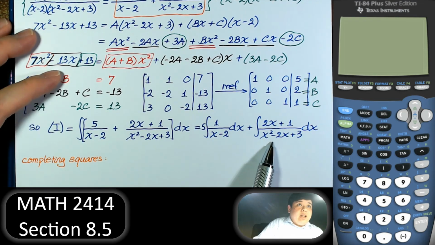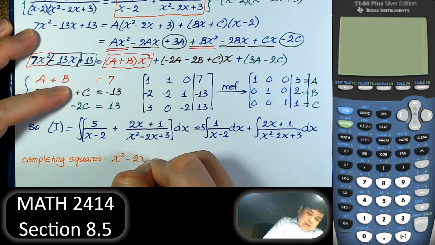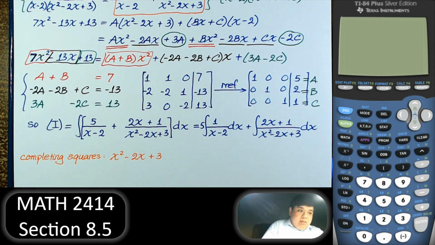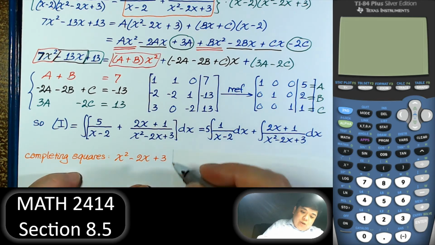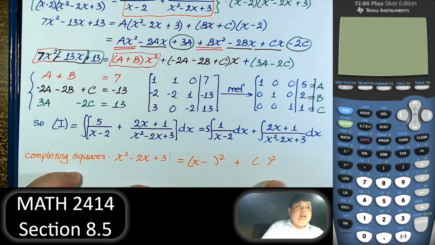We start with x squared minus 2x plus 3. If we do that, this is going to equal something squared plus something, so x plus or minus something, squared, and then something squared. So we turn it into that.